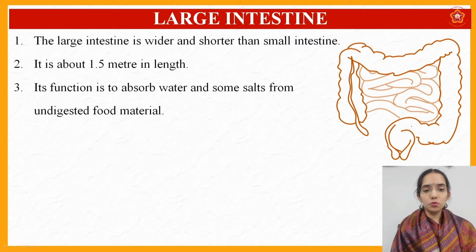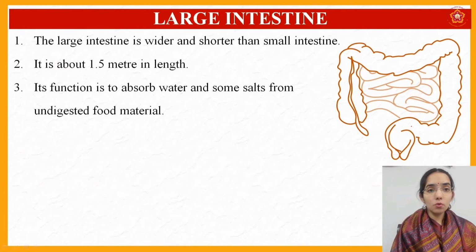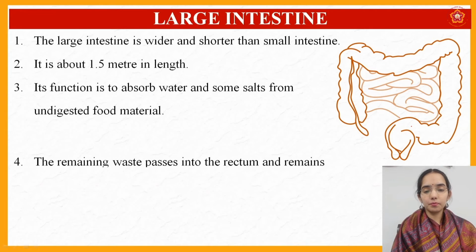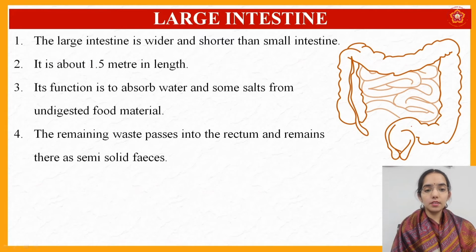Its function is to absorb water and some salts from the undigested food material. So what is its role? It absorbs water and some salt from the undigested food. The remaining waste passes into the rectum and remains there in semi-solid feces.